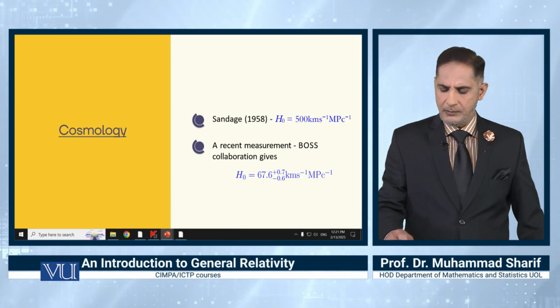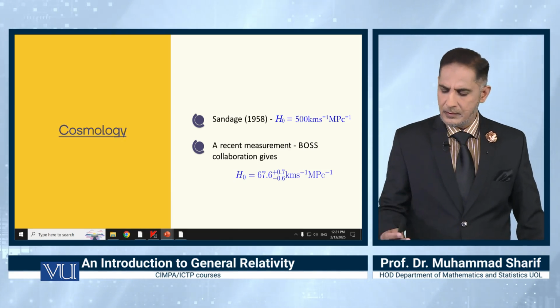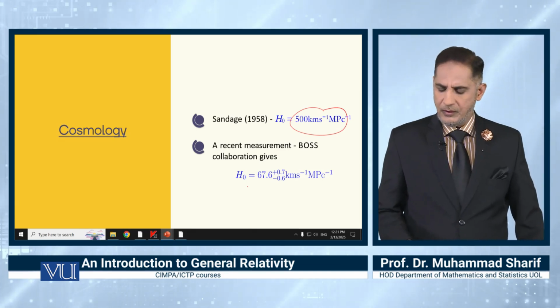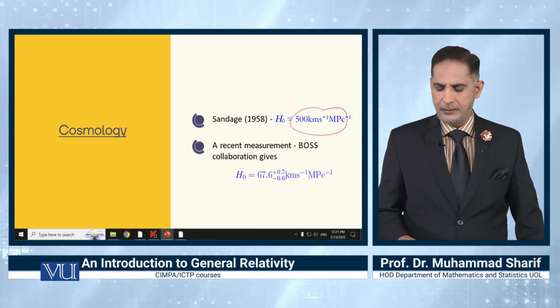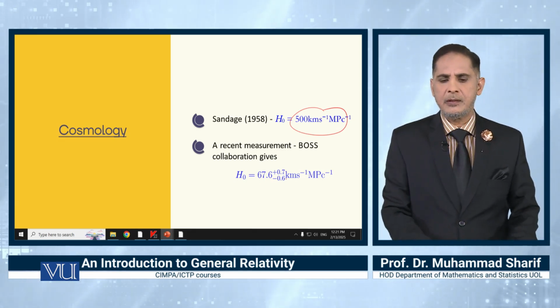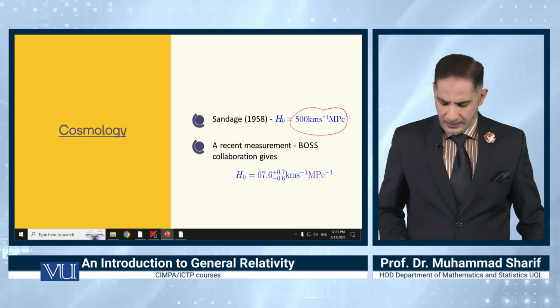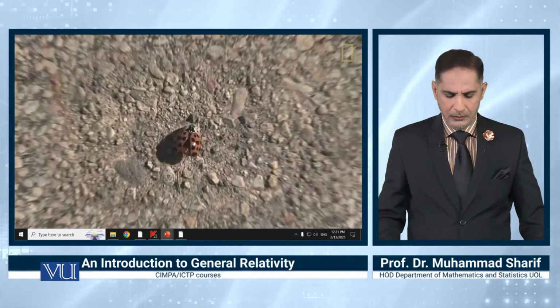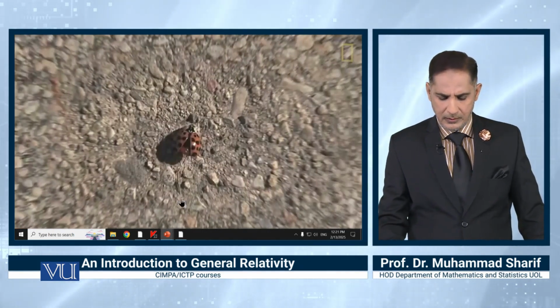I mean, these are typos here because it is just repeating. However, recent observations indicate that the value of H naught is 67.6 plus or minus some error. Some say that it is about 70 plus. So anyway, this is a debate. Now we come to a short video.